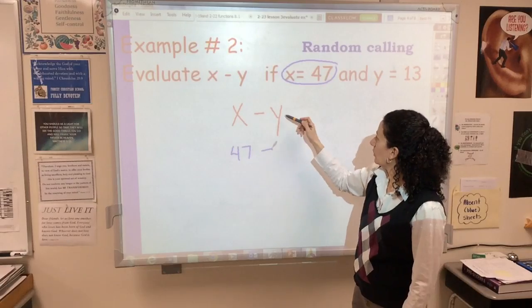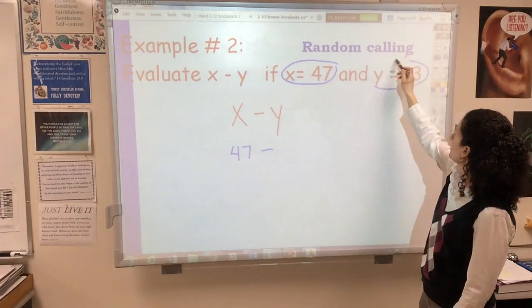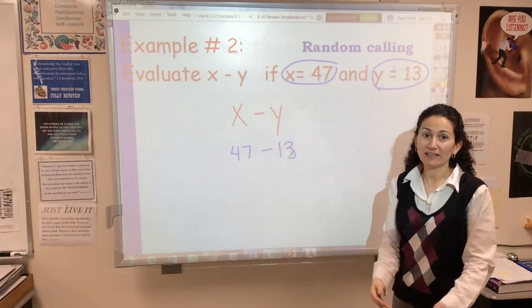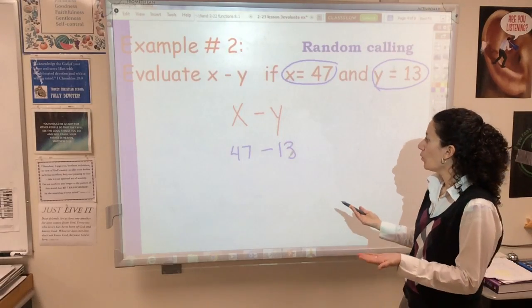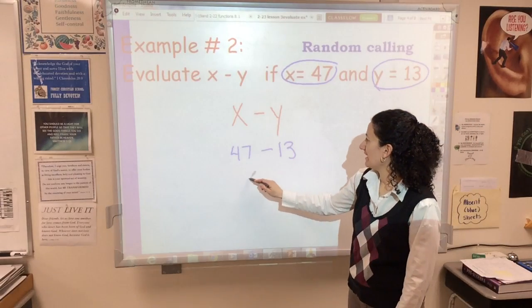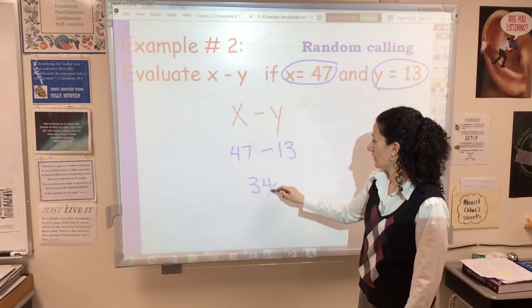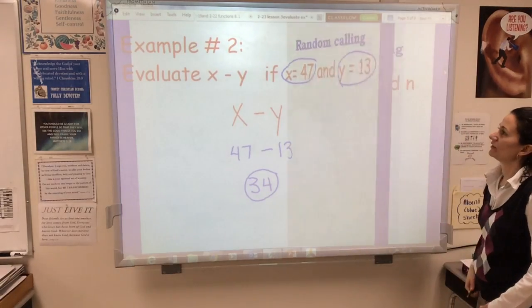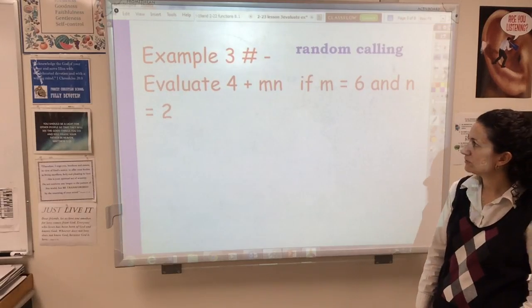Then I'm going to take what they tell me y is, and substitute it for y. And then again, I have a simple one operation expression here. I'm just going to subtract them, and I get 34. Okay?